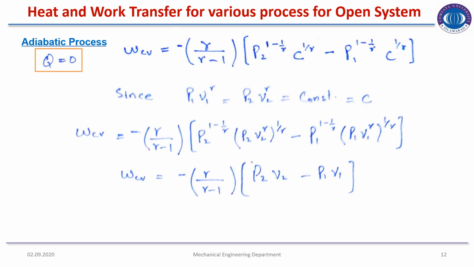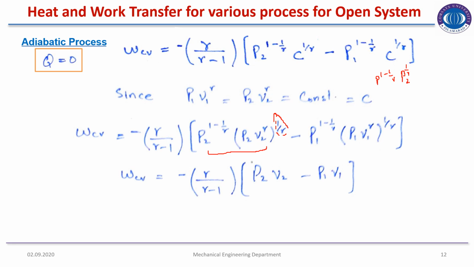So I will write this step. The step here is I will solve this term: P power 1 minus 1 over gamma into P2 power 1 over gamma, because that is a power, it is both for P2 and V2.